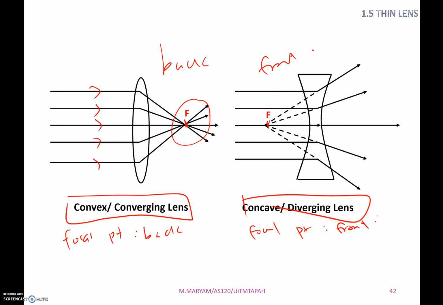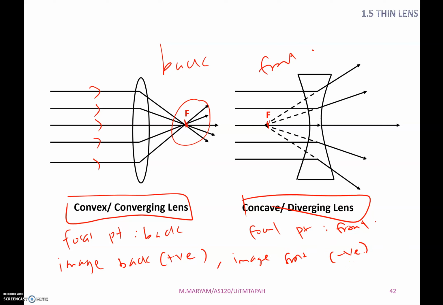Now, why do we need to know whether the position of the focal point is at the back or at the front? Later on, we will learn more on image tracing. So your image will be either at the back or at the front of the lens. If your image is at the back of the lens, it is positive, whereas if the image is at the front of the lens, it will be negative.